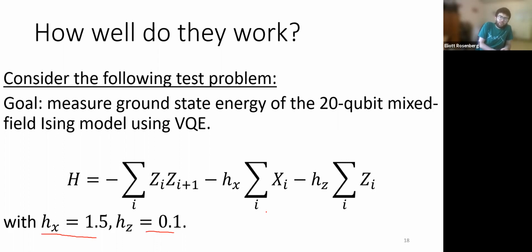Also, if hz is 0, then you get the transverse field Ising model, which you can solve by doing a Jordan-Wigner transformation, writing this in terms of fermions, and then you get a quadratic Hamiltonian in the fermions. And of course, it's also solvable for large hx, in which case it's just diagonal in the Pauli x basis. So this actually has 3 different perturbative regimes.